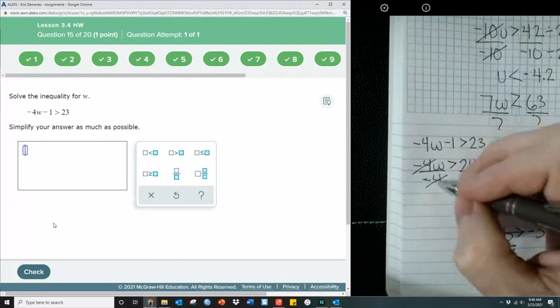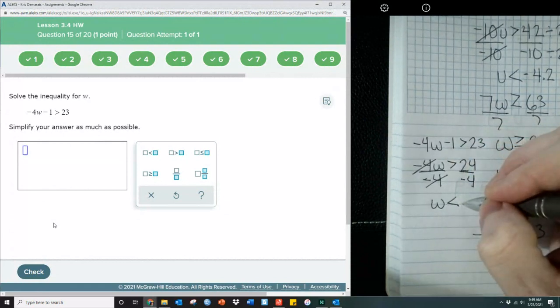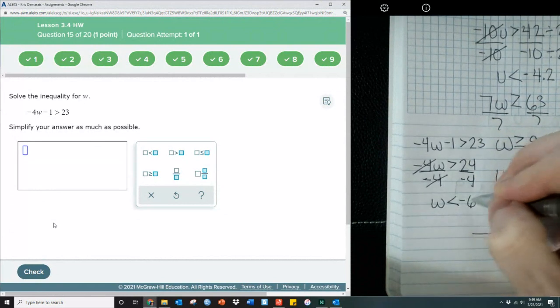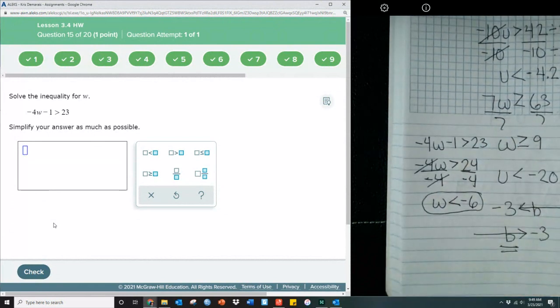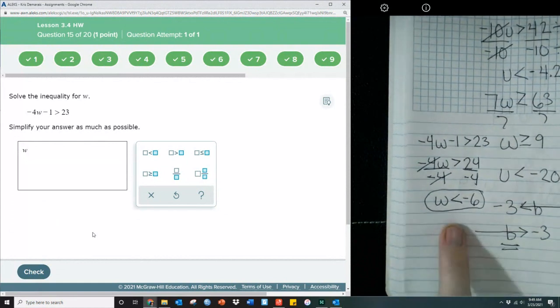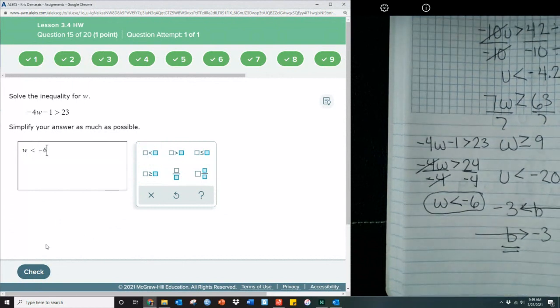Because we're dividing by -4, this is what's going to prompt the switching of the sign, and then we get -6. So W, less than symbol, -6.